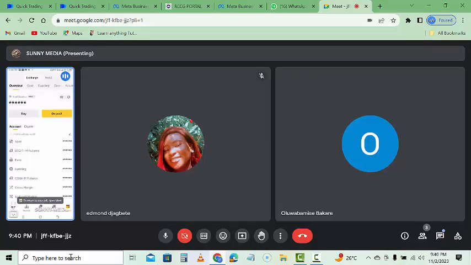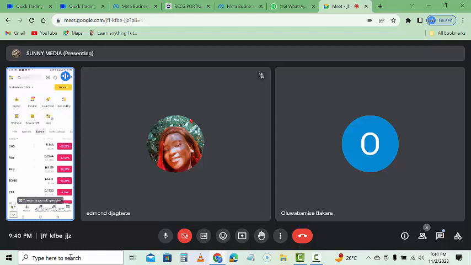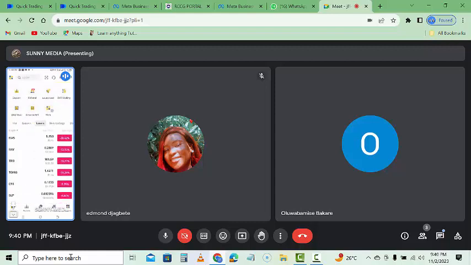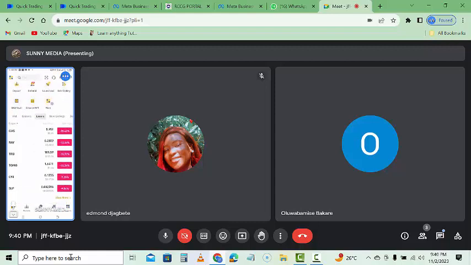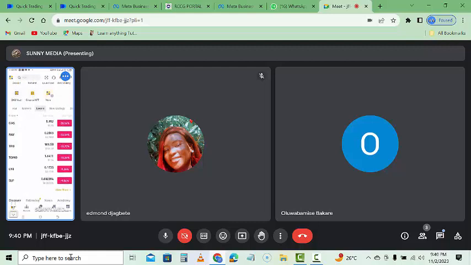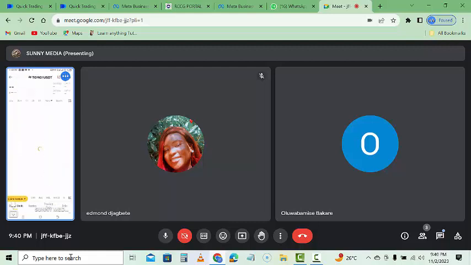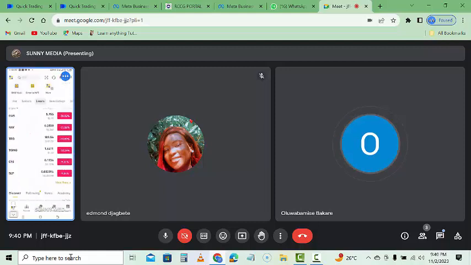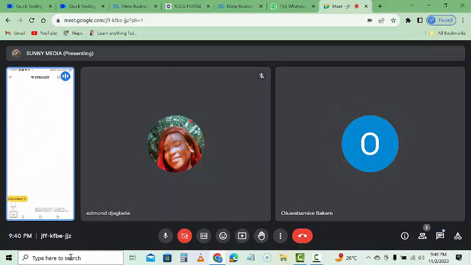I want to go to possible Binance top gainer to check for something. Tomo. Moving already. Yeah. C98.